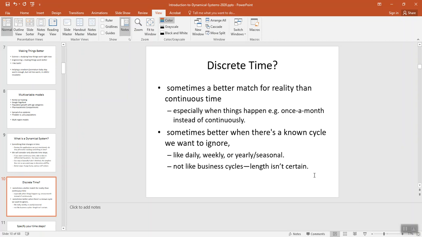Or if we know things happen in regular cycles, like once a week, we might just want to check on the system once a week and get to ignore all the day-to-day variations. But here we want to know what the cycle is, like 7 days, rather than have things that have a cycle length that changes from one cycle to the other. That makes life a lot more difficult.